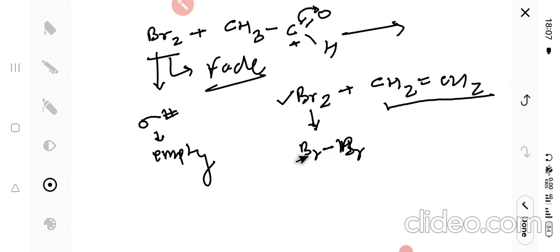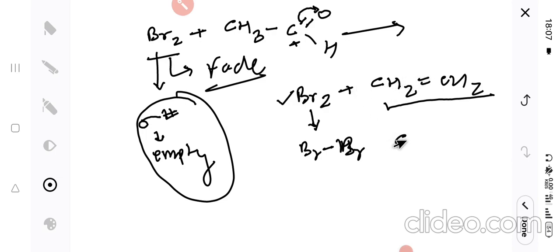So the chemical reaction occurs because bromine has an empty anti-bonding molecular orbital. And in this molecule, if you carefully see, when you break this pi bond, it becomes like this: CH2 single bond CH2, and both carbons have unhybridized p orbitals, right?